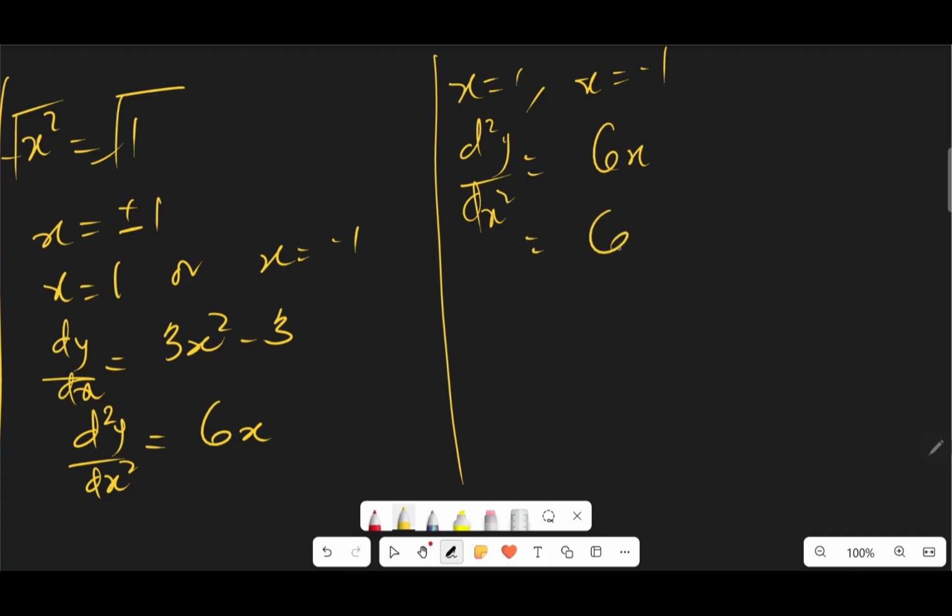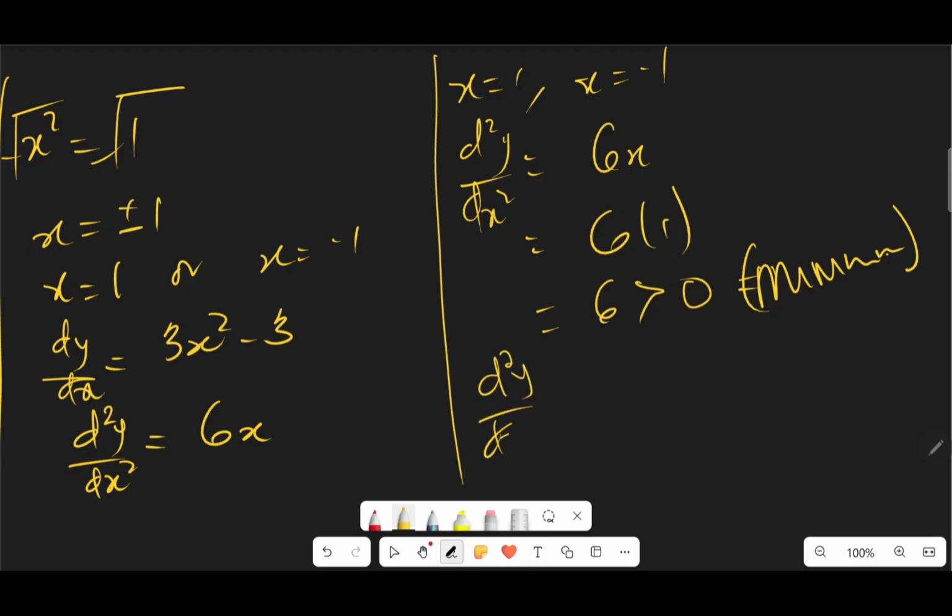This is going to give us 6 bracket 1, and that's going to give us 6. Because 6 is greater than 0, we call this our minimum.